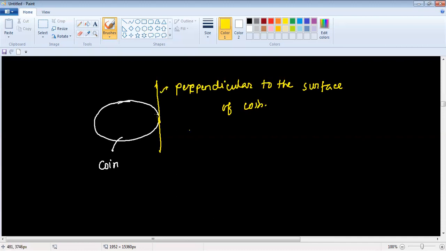That means this axis is not on the surface of the coin. This axis is perpendicular to the surface of the coin. To calculate inertia about this axis, we have to take another axis that is parallel to CD and passes through the center of mass. That means this one.